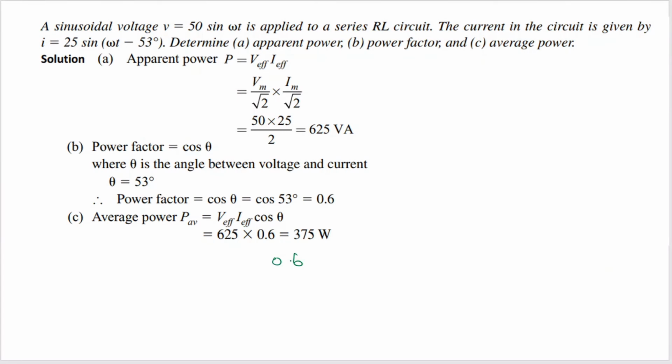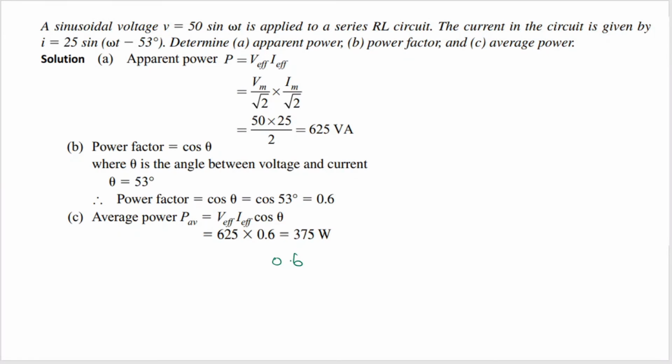A sinusoidal voltage v equal to 50 sin omega t is applied to some RL circuit. The current is given by i equal to 25 sin(omega t minus 53 degrees). Determine apparent power, power factor, and average power. So what is he asking?